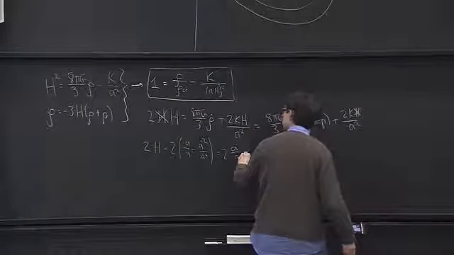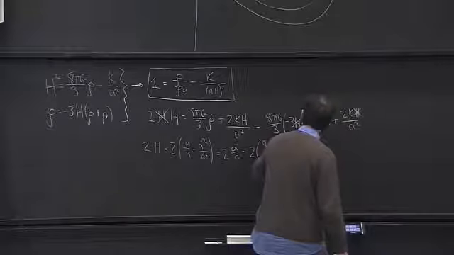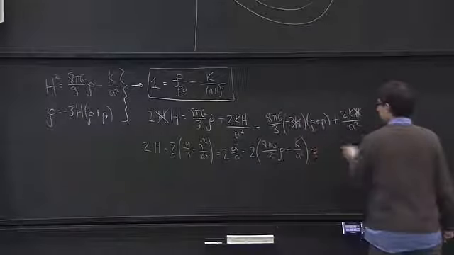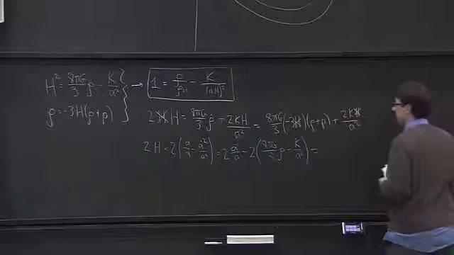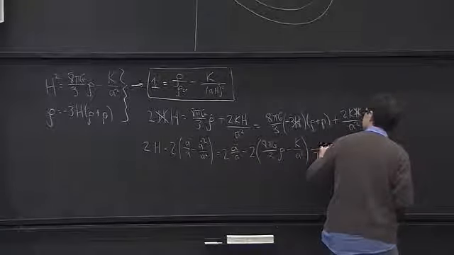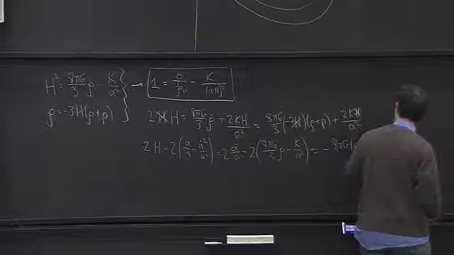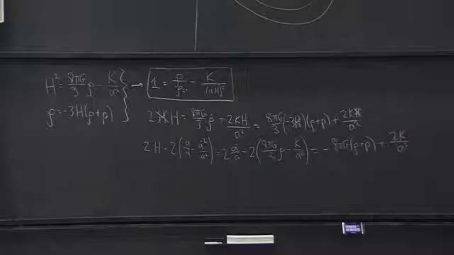Using that, that's minus 2 times 8 pi g over 3 rho minus k over a squared. The algebra is almost over. And that is now equal to this thing with the h's removed, so this is minus 8 pi g times rho plus p, plus 2k over a squared.